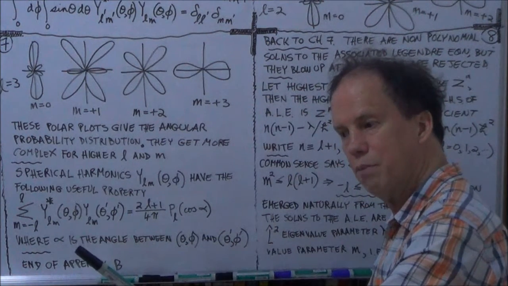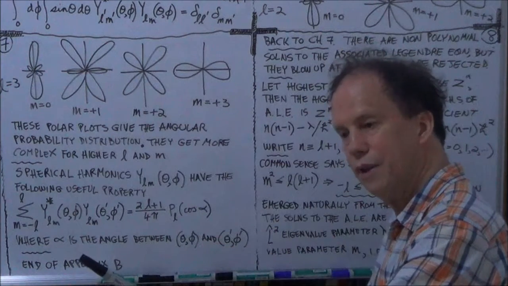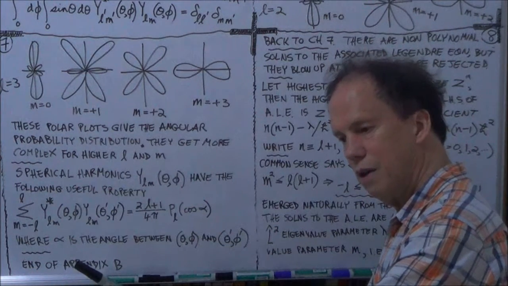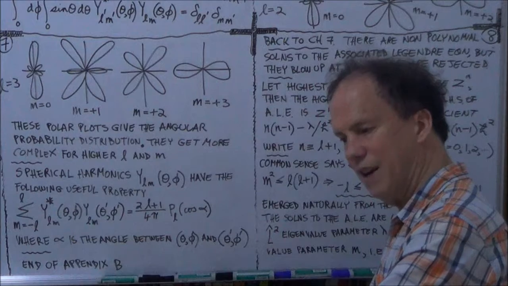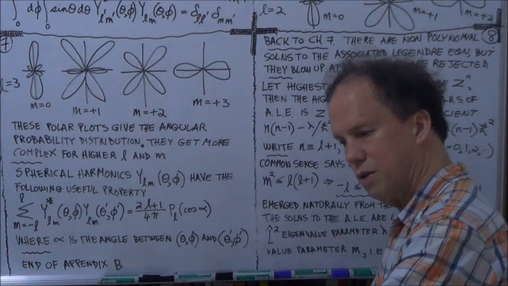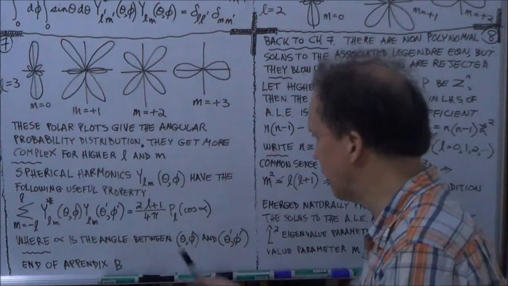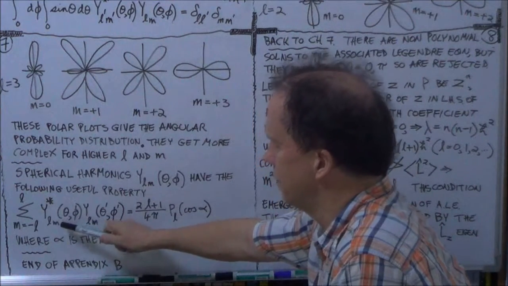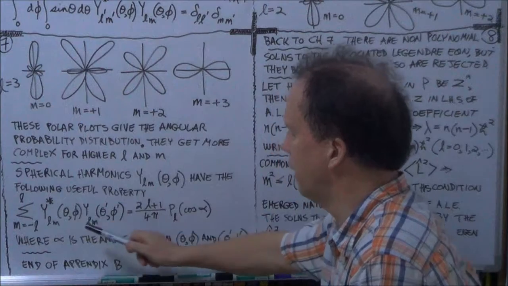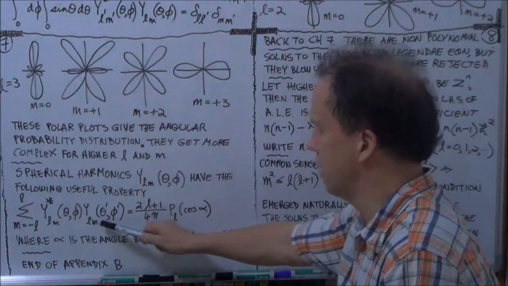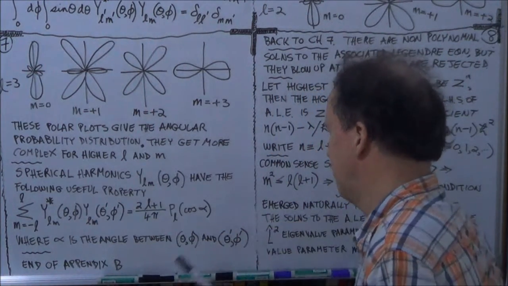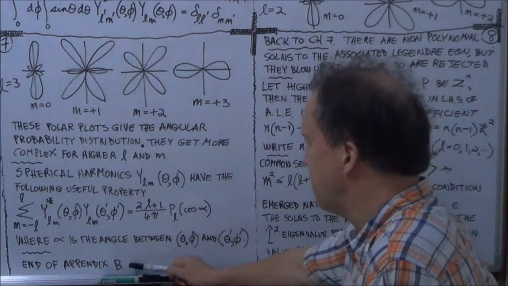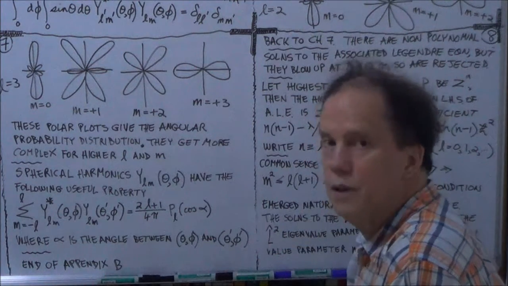Those two vectors lie in a plane, and that angle alpha is measured in that plane. One vector has orientation theta, phi, and the second has orientation theta dashed, phi dashed. Okay. So that's the end of the appendix.